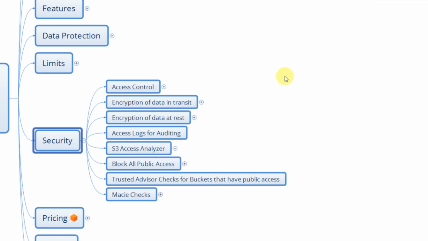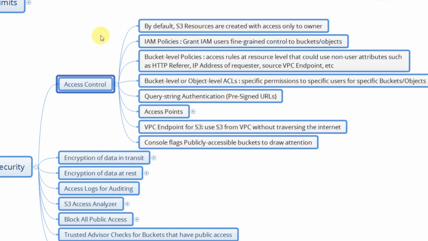Now let's look at security support in the S3 service. Access control: by default, when a resource is created in S3, the access is available only to the owner. IAM policies can be used to grant IAM users fine-grained control to buckets and objects.